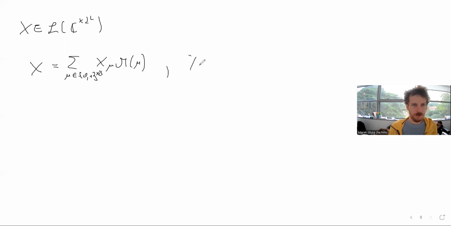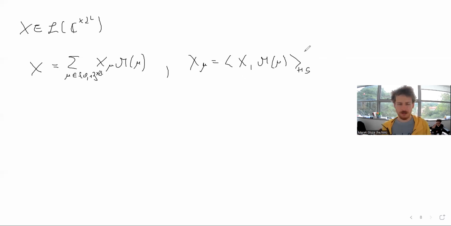And x mu we can compute basically by taking the Hilbert-Schmidt scalar product of x with m mu. The order might switch. So if I do it on this side, x mu m mu, yeah, looks fine. Which means that I have those operators.